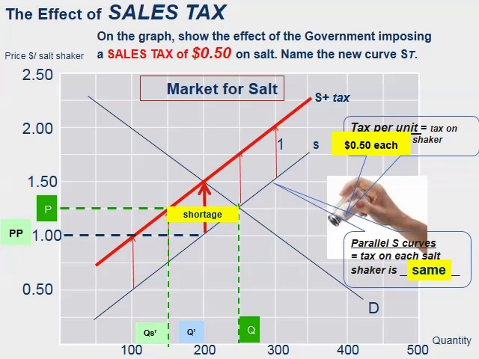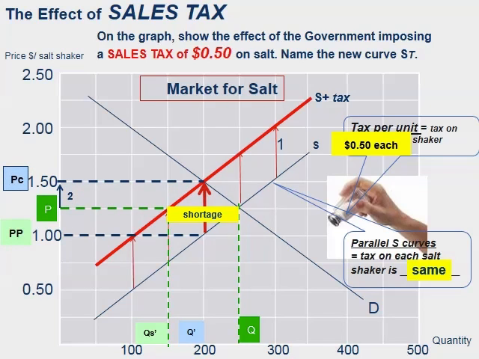The vertical distance measured by this here represents the per unit tax, how much the tax is on each item sold. We move the supply curve up as a parallel line because the tax is the same on each salt shaker.